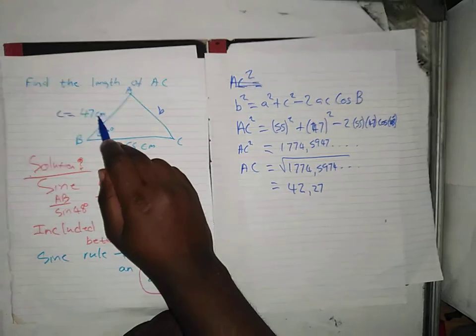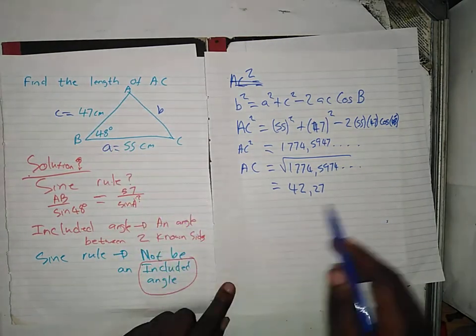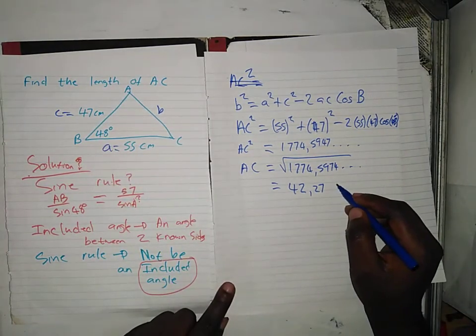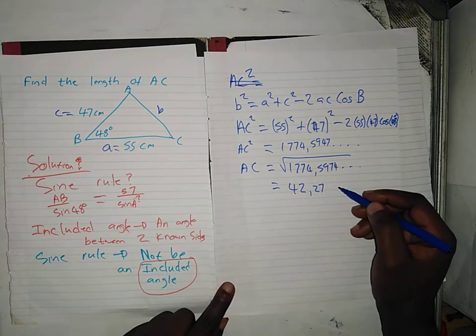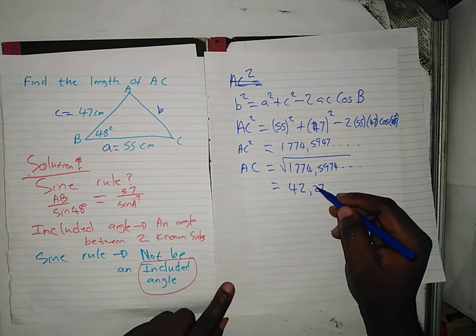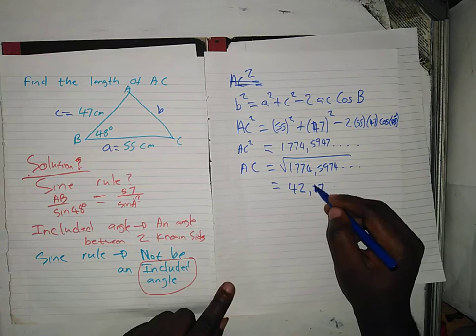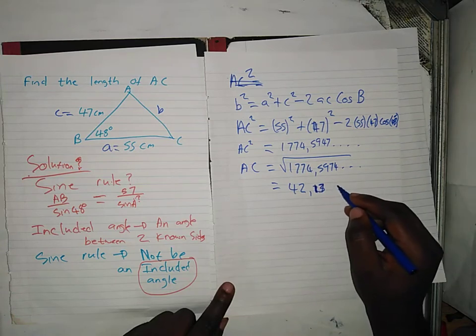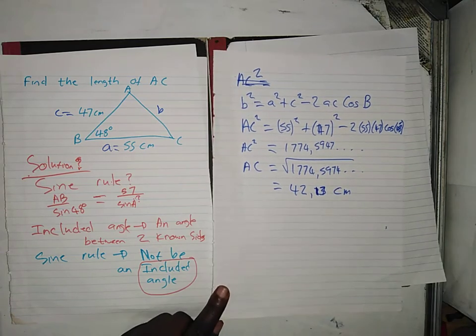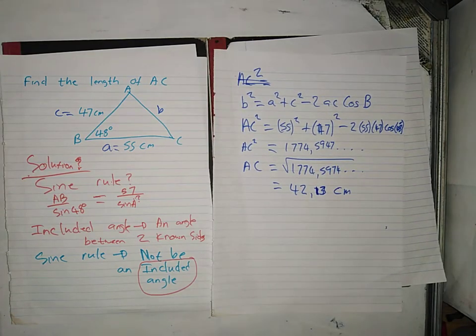Remember that this was centimeters and this was centimeters, so this must also be centimeters. So 42.27, sorry, 42.13 centimeters, and then we are done.